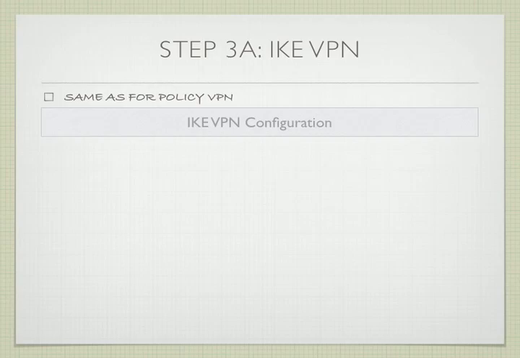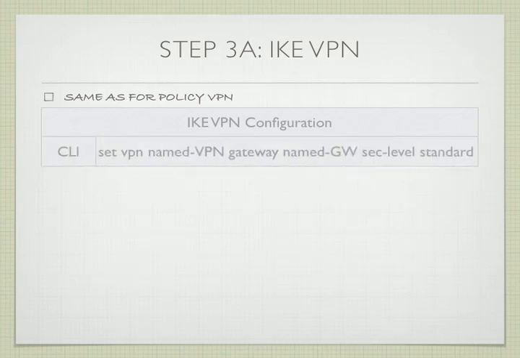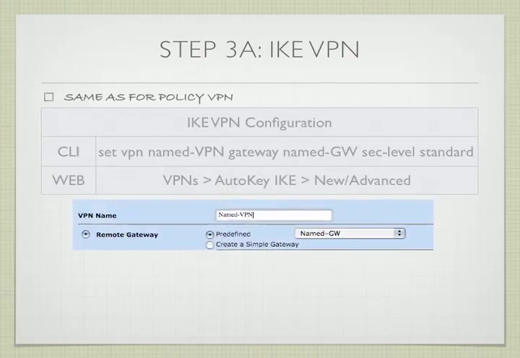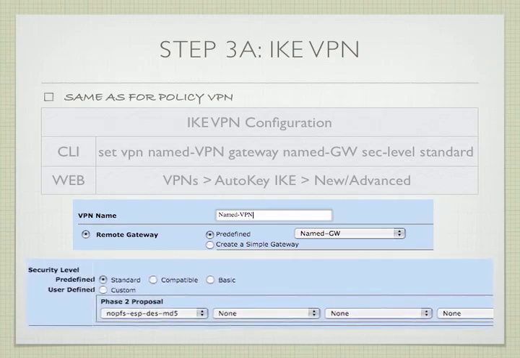We're going to go in and create the IKE VPN. We're going to give it a name. We're going to associate it with a gateway, and we're going to give it a security level. So the fundamental configuration of your phase 2 is going to be exactly the same as what we did for the policy-based VPN, where you give it a name, associate it with a gateway, and assign a proposal to this negotiation.